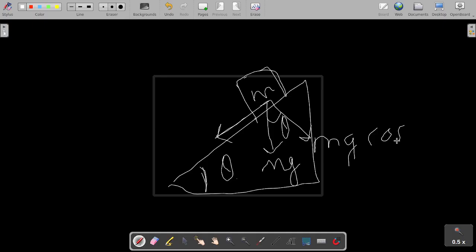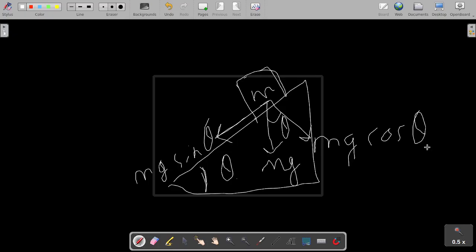We know from the concept of vectors, we have vectorially represented this part, and this one is mg sin theta. This is the sine component, mg sin theta. So now we have two parts, that is the mg sin theta and the mg cos theta.